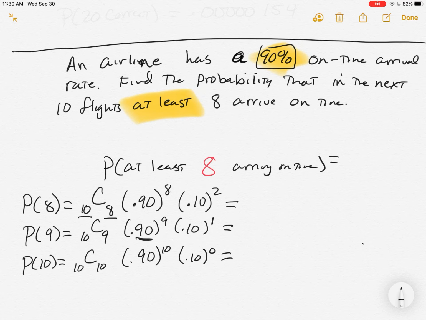Calculating that first one, typing in a 10, going to get my C, typing in an 8 and hitting equals. I see the number 45 like you do, times 0.9 to the 8 times 0.1 to the second. You can put the zeros in there or not. I did something wrong. Okay, 0.9 to the 8th.